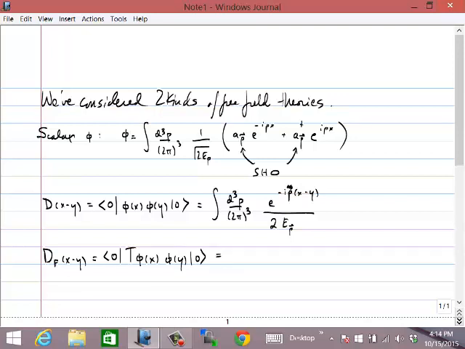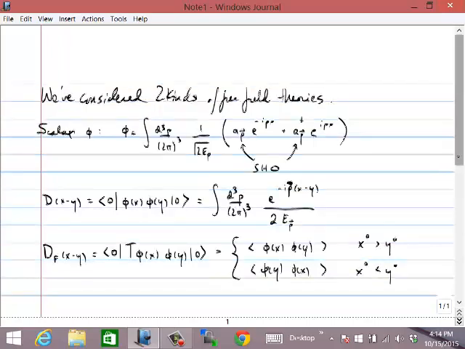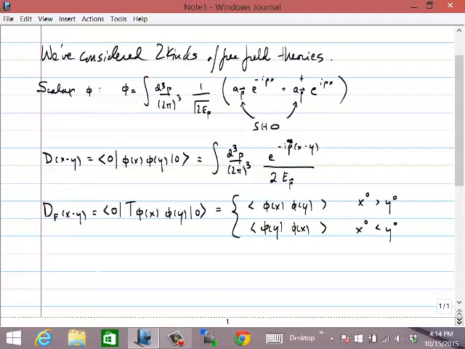This time-ordering symbol just says that you compute the expectation value of phi(x) phi(y) if x is after y, and phi(y) phi(x) if x is before y.